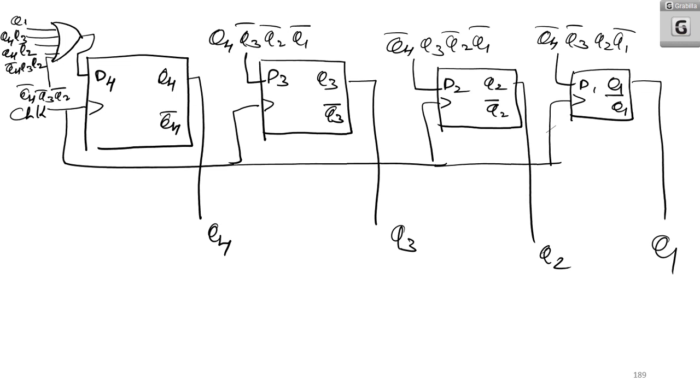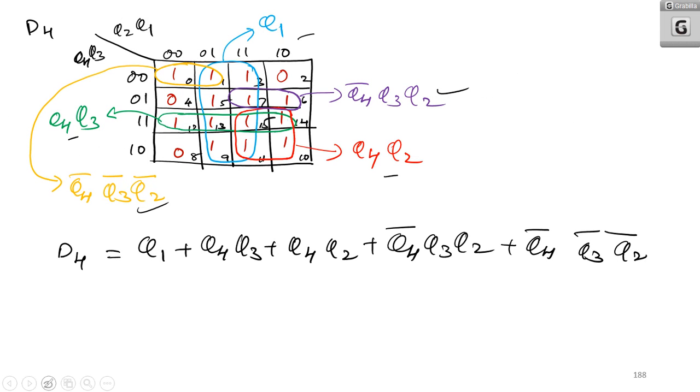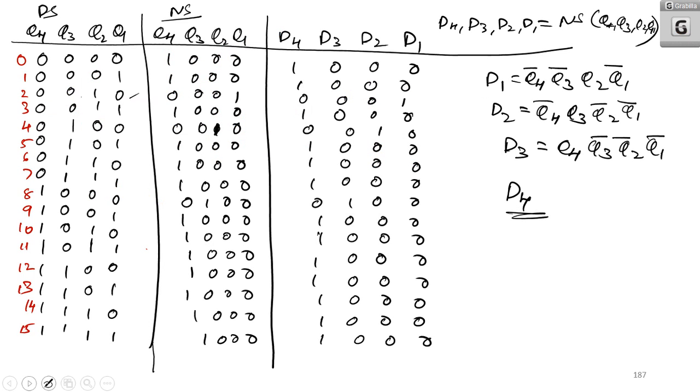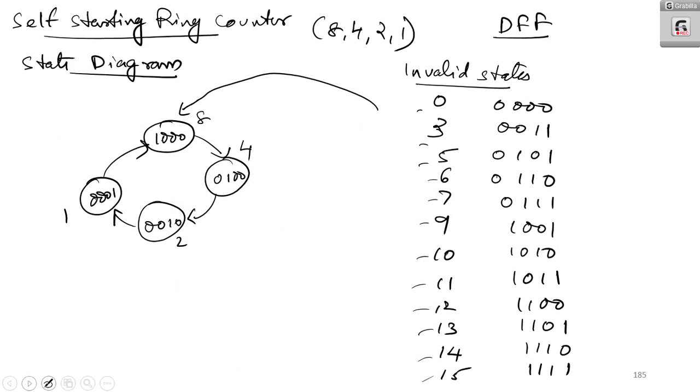How to avoid lockout condition in Johnson counter, you can work out by yourself. Here I have shown only one method, by redesigning the counter by including the invalid states and making the invalid states go to 8 in one clock pulse. Another method is you can reset the entire counter when it comes into an invalid state.